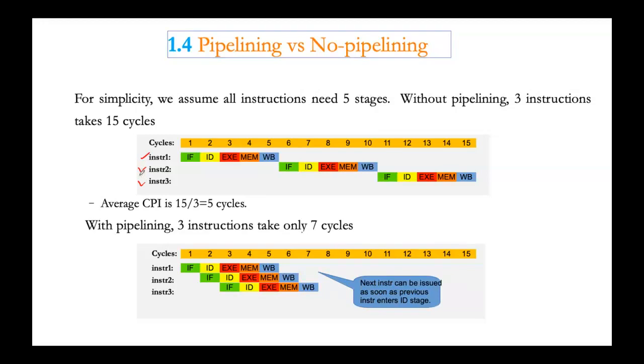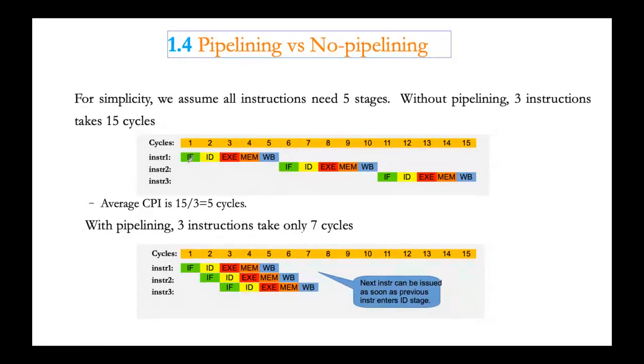Without pipelining, when the first instruction executes, in cycle 1 it fetches the instruction, and in cycle 2 it decodes the instruction. When instruction 1 is in the decode phase, the other phases are idle. These segments, meaning the functional units, are idle and not being utilized.